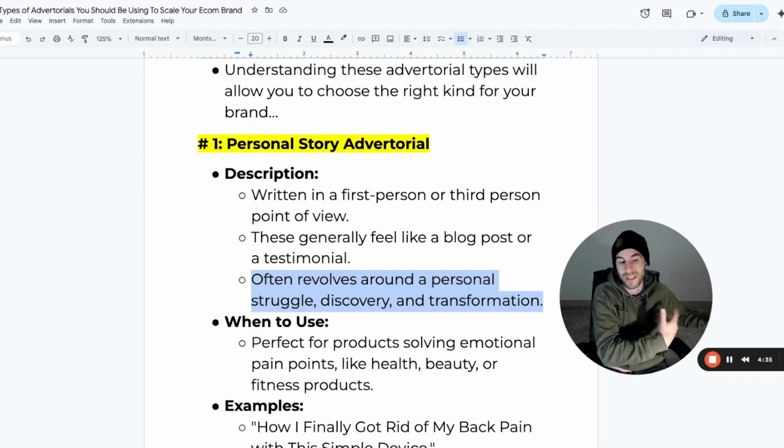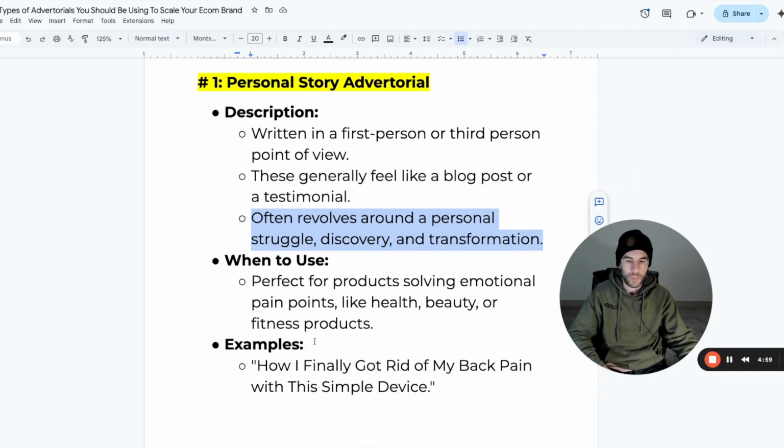Inevitably that leads to the discovery of the product as well. Once they discover and use the product, they have this transformation. And now they're writing this to bring this discovery back to other people just like them to help them achieve success. Now, 9 times out of 10, these are made up. These are fake stories, but they do extremely well if you nail them.